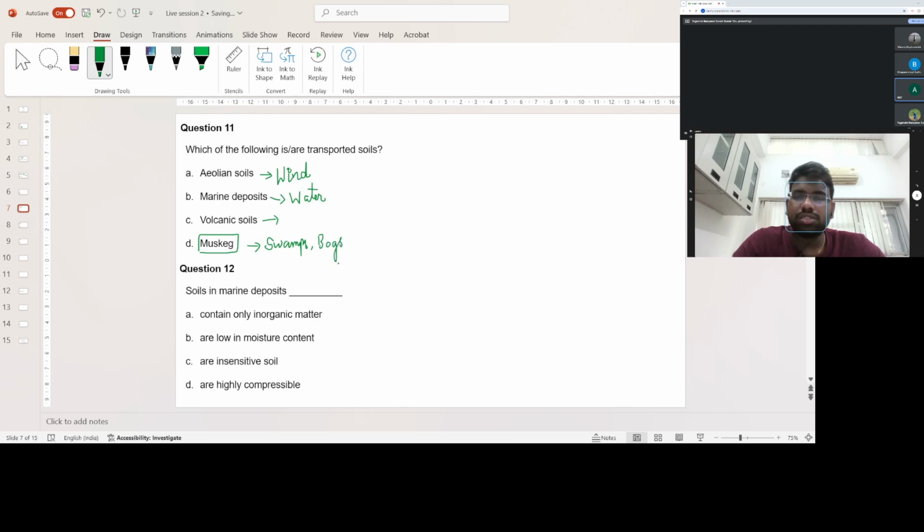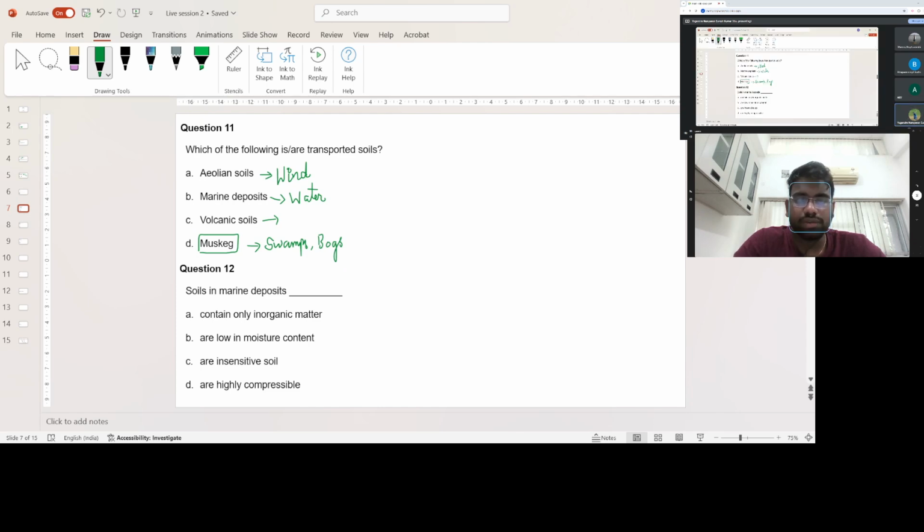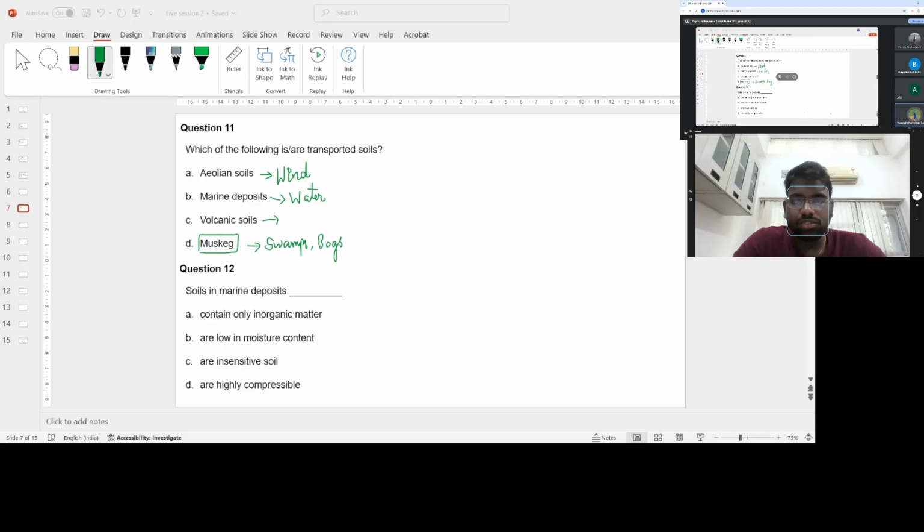Very loose deposits, completely submerged in water, we can say. You have some idea about swamps, right, which are near coastal areas? Mangroves, swamps.